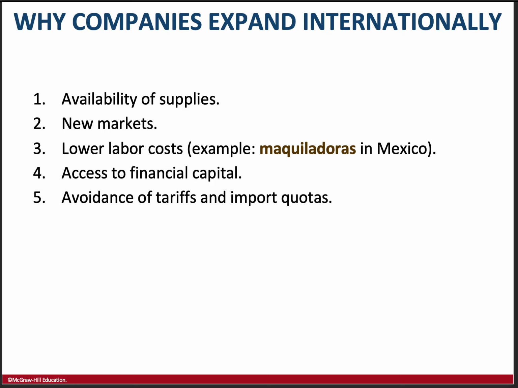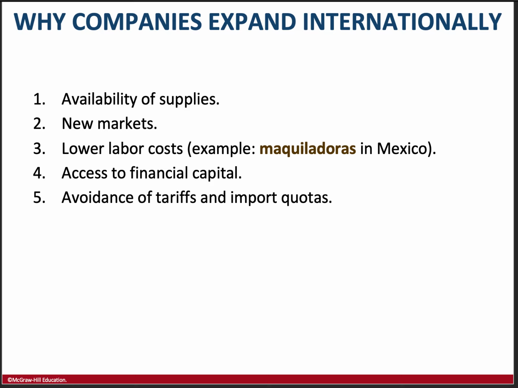There's access to financial capital, where overseas investors can help grow your business. You can, of course, avoid tariffs and import quotas. For the most part, we do know that the U.S. government was trying to fix that loophole.